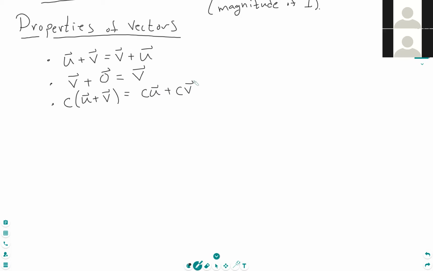So the scalar can distribute, which is a nice property. If I have two constants, c times d, and they're multiplied on a vector v, I can write this as c times d times v. Right, so it doesn't matter in which order you multiply these scalars and the single vector.